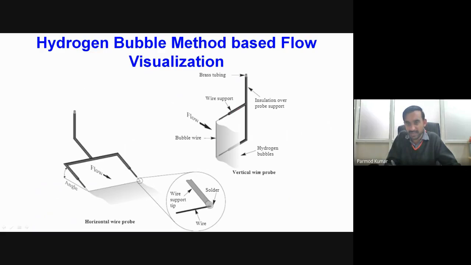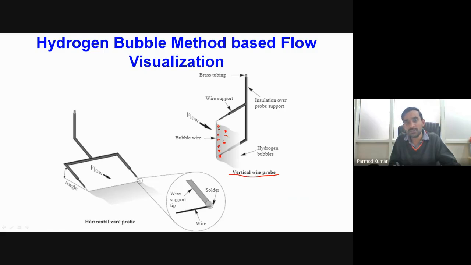So we may have one vertical wire arrangement. In case of vertical wire arrangement, the axis of the wire will be normal to the direction of the flow. Okay, so from this particular wire, we will be having generation of a large number of bubbles, and then with the help of the optical visualization techniques, we will try to trace the path of these bubbles.